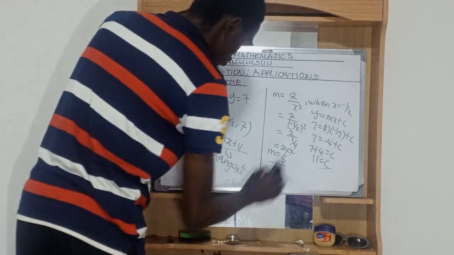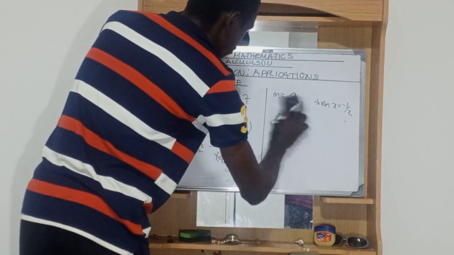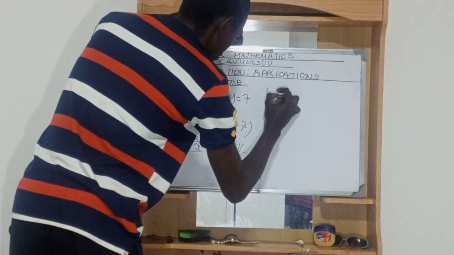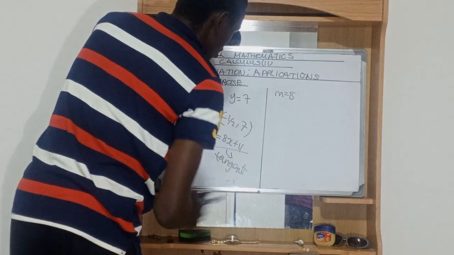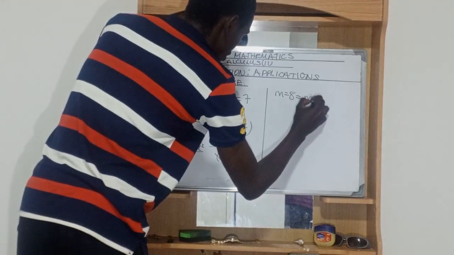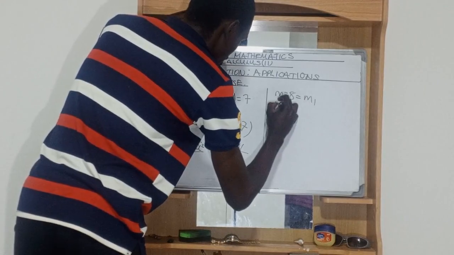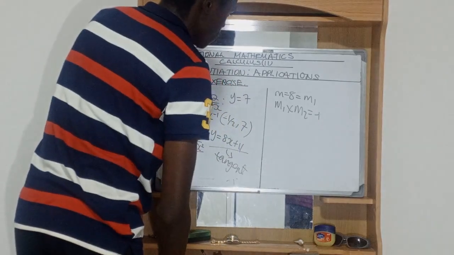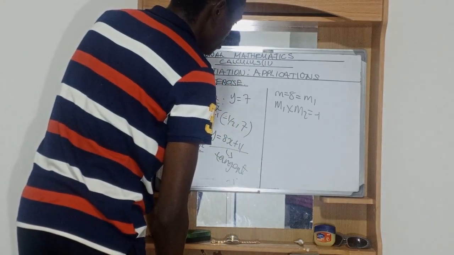And then to find the equation of the normal, you know that your m was equal to 8. Now this 8 is also going to become your m1. So m1 times m2 is equal to -1, the product of the gradients of perpendicular lines.